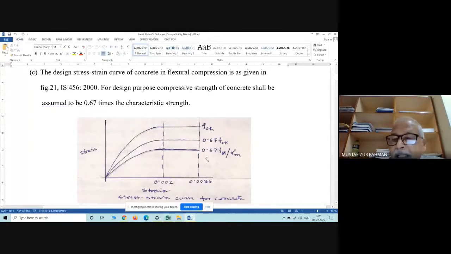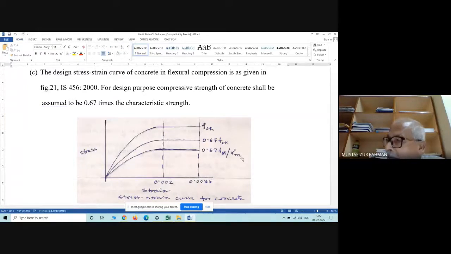Then fck. Now in case of concrete, the characteristic strength is represented by fck, and in case of steel, it is represented by fy. Okay, so in case of steel, this can be represented by fy by gamma m.